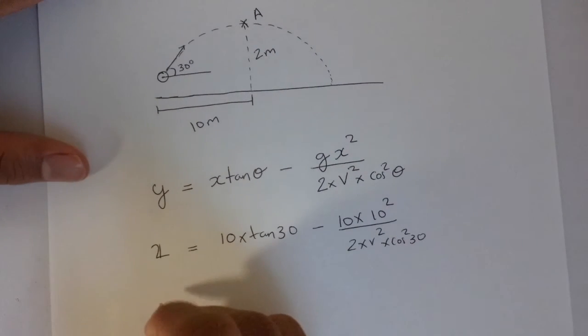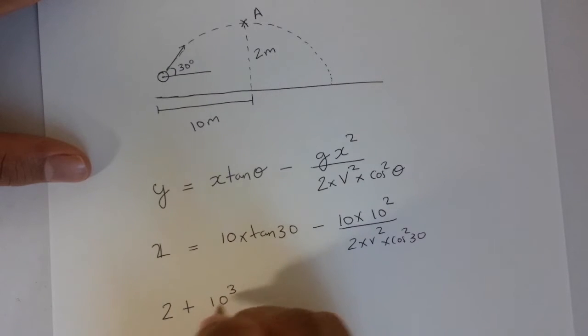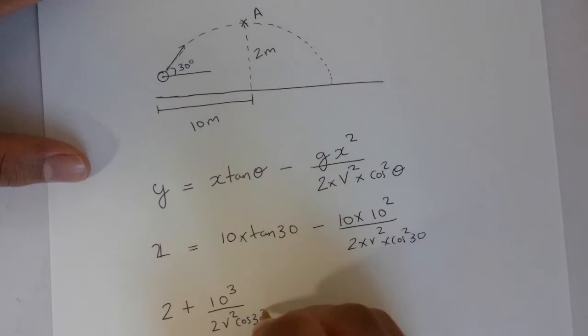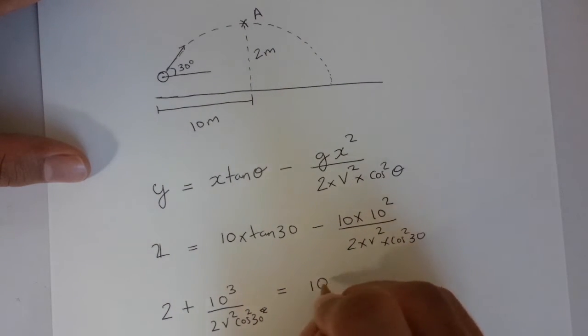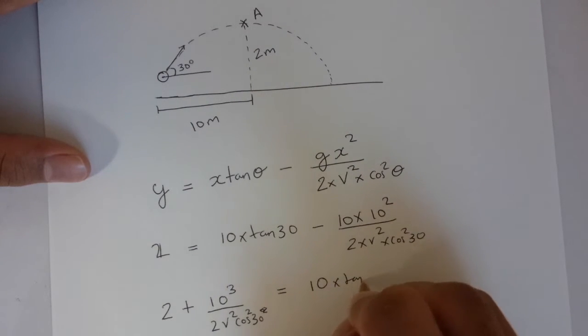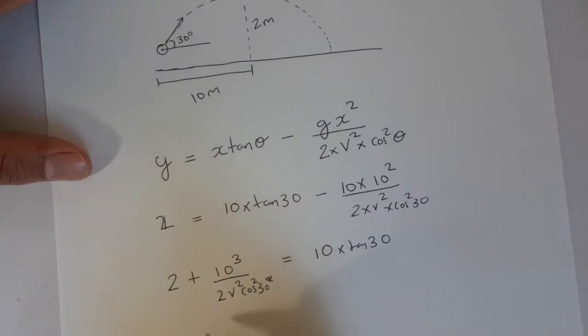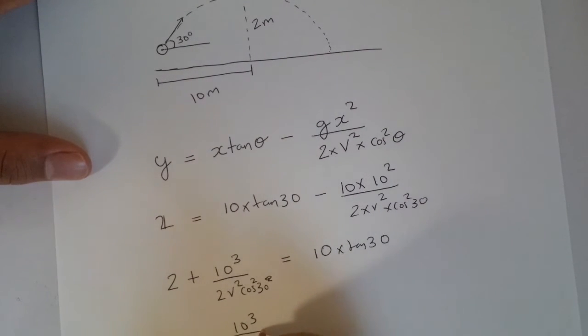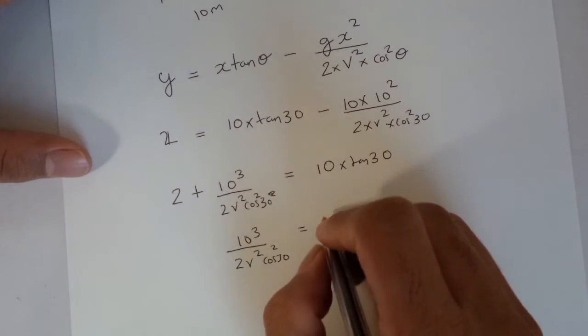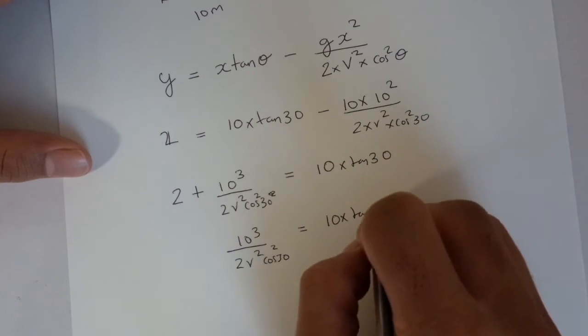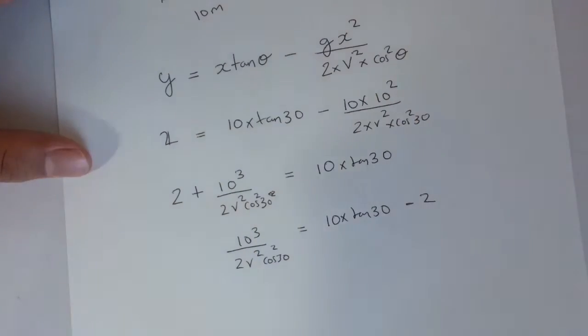Simplifying this, 2 plus 10 cube upon 2v square cos 30 whole square is equal to 10 into tan 30. 10 cube upon 2v square cos 30 whole square is equal to 10 into tan 30 minus 2.